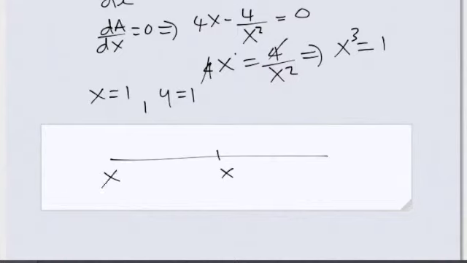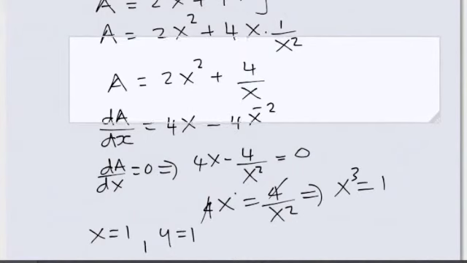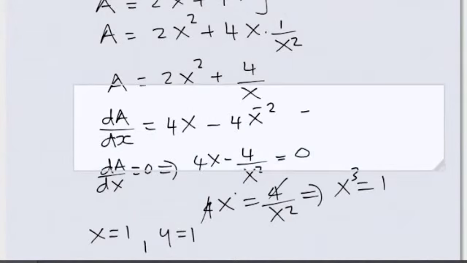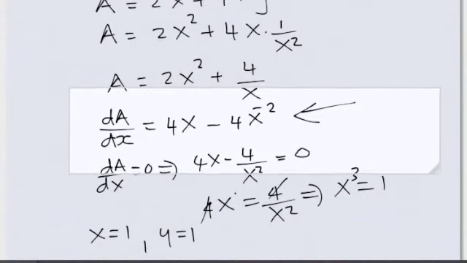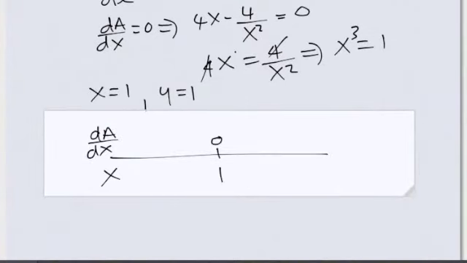So let's put x below the horizontal line and dA/dx above. dA/dx is 0 when x is equal to 1. Now if you substitute a value slightly less than 1 in the expression for dA/dx, we will obtain a negative answer.